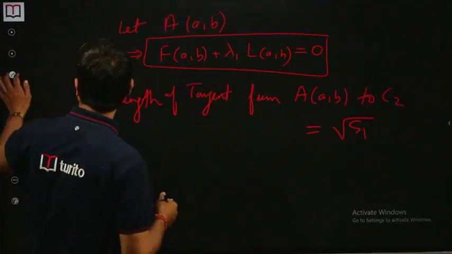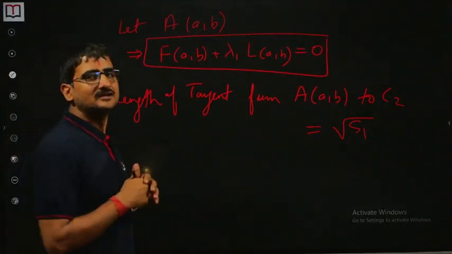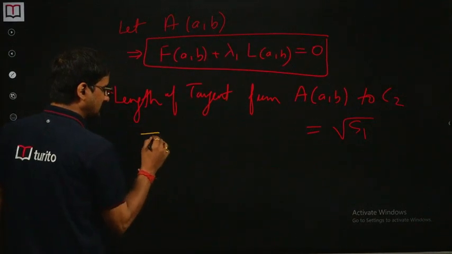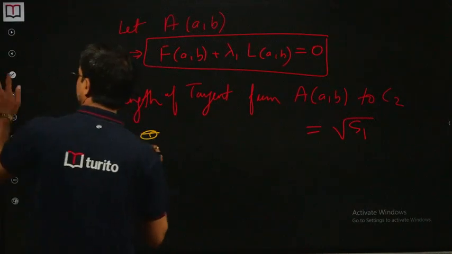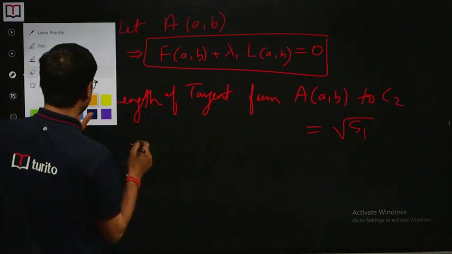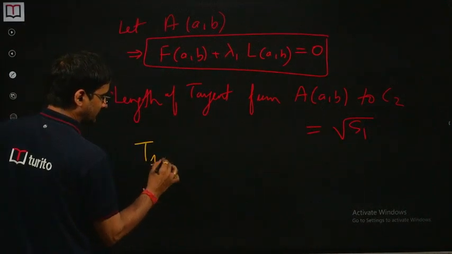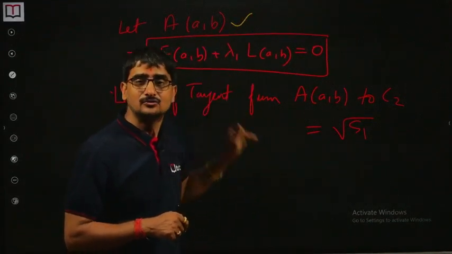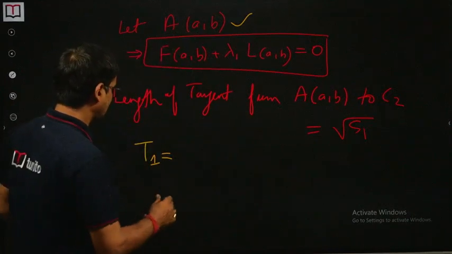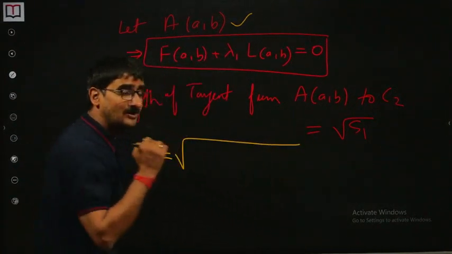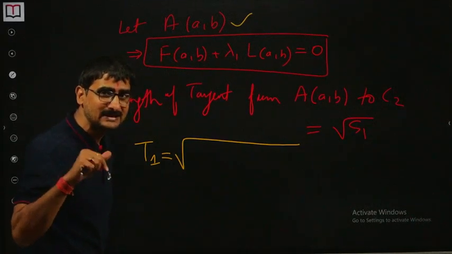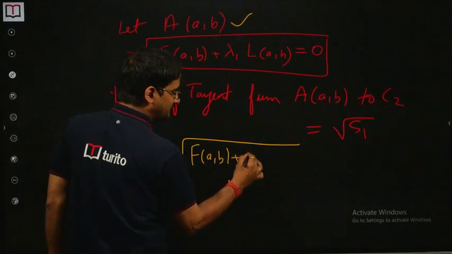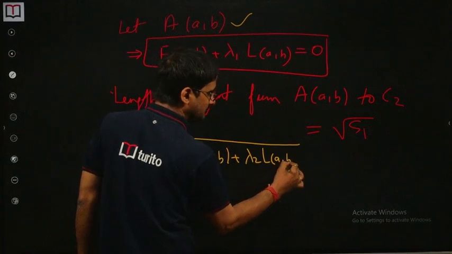Under root of S1 means you have to just replace the x and y in the equation of the circle by A and B. So let's say this length is T1, the tangent drawn from the point on the circle C1 to the circle C2. So it is under root of S1. Now how will you get S1? Again I am repeating, by replacing x and y by A and B. So it is f(A, B) plus lambda 2 times L(A, B).